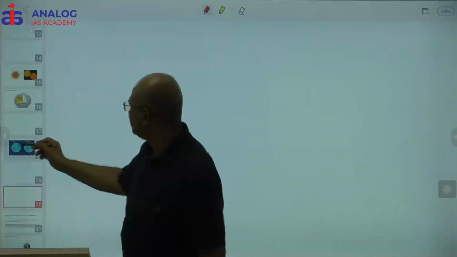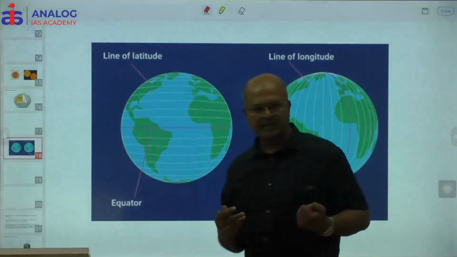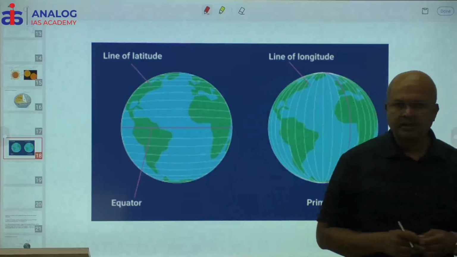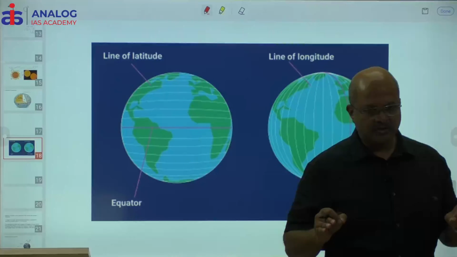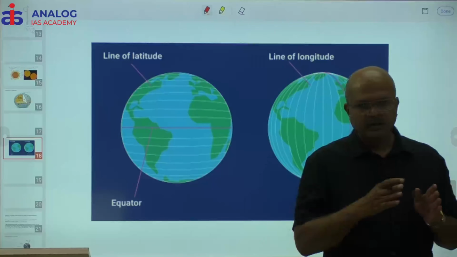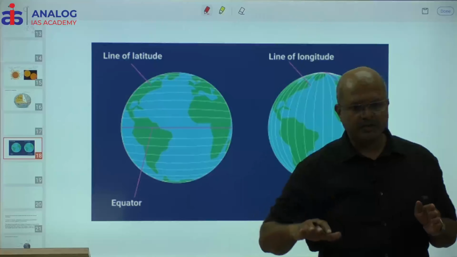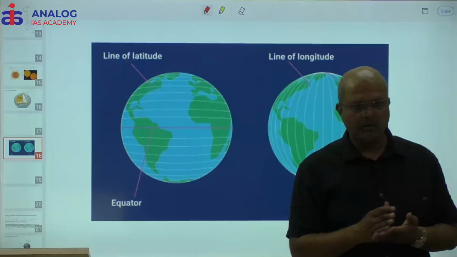What do you mean by latitude? They are the imaginary lines that are drawn east and west and north and south on the globe.